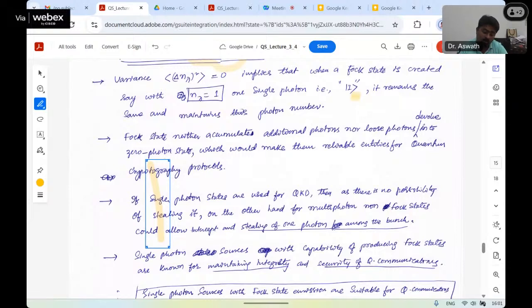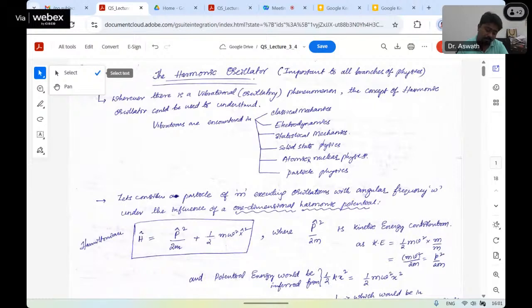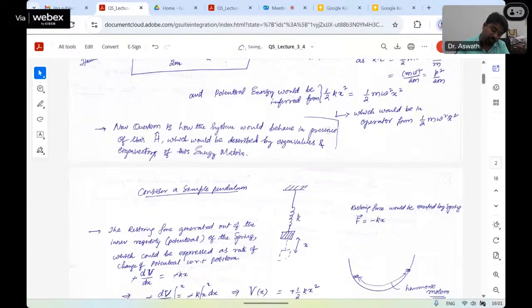Okay, right? So let me summarize overall for today quickly. To understand the basics of single photons, we want to use the quantum harmonic oscillator picture to describe how electromagnetic waves behave quantum mechanically. Since they behave like harmonic oscillators, I brought in the harmonic oscillator description.